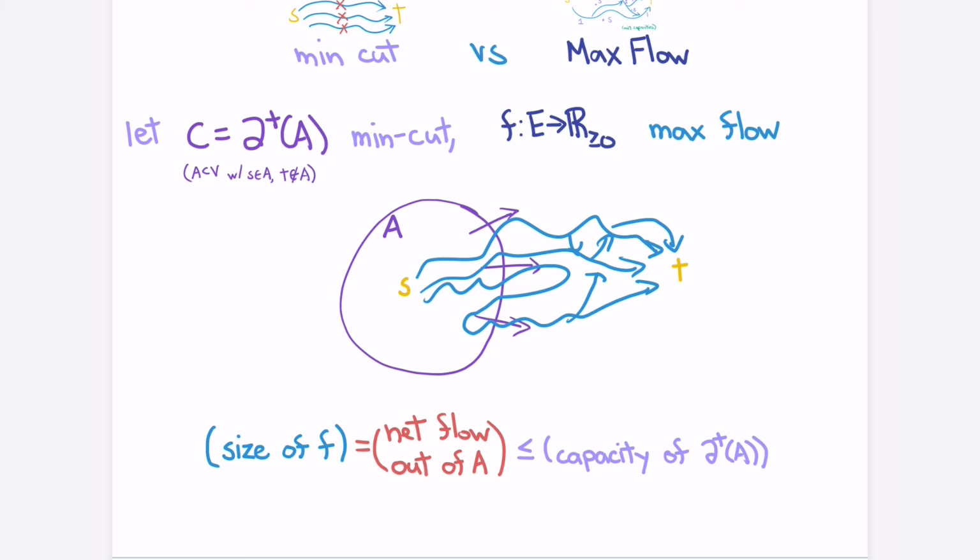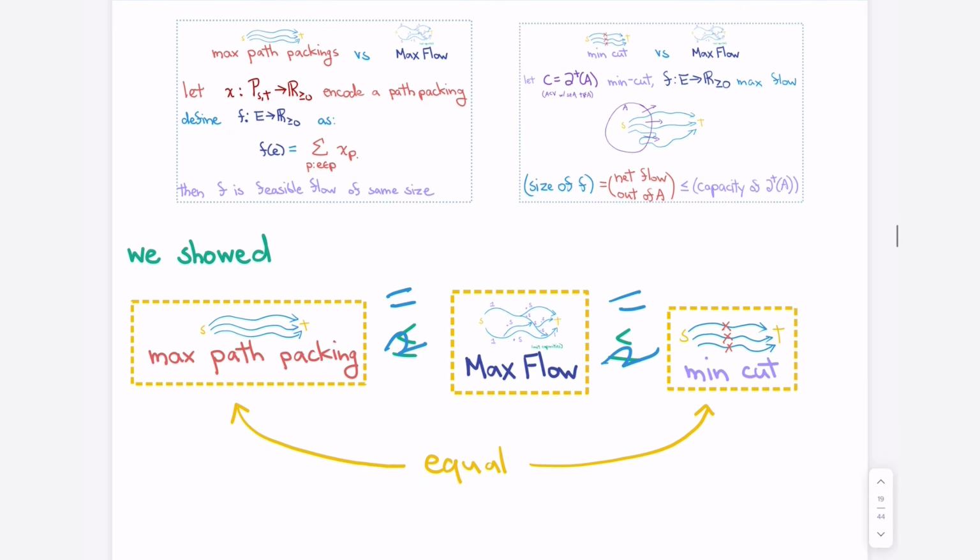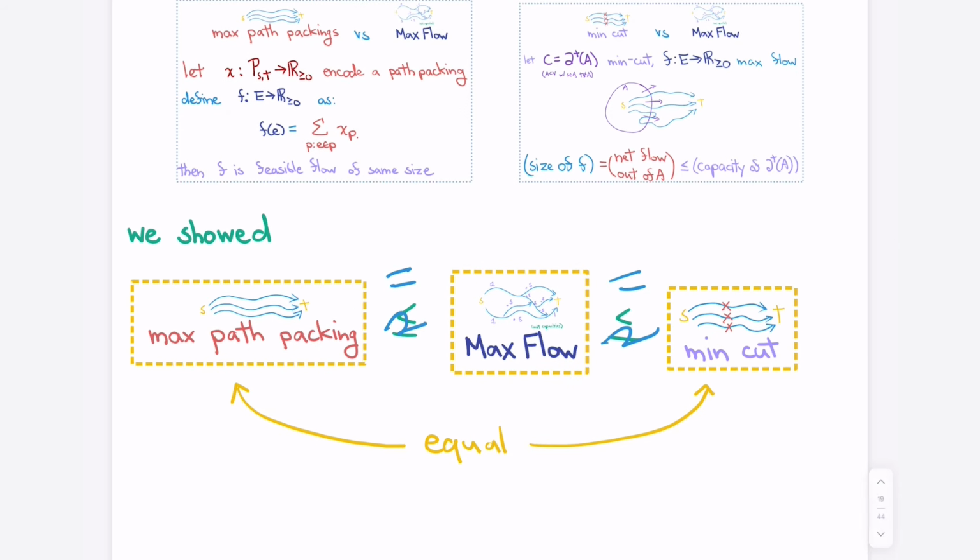Okay, so those two just follow. Not too difficult, just kind of carefully working through some definitions. But if you put that all together, you'll find that max flow is now sandwiched between the path packings and the min cuts that we did a few weeks ago. And so you have equality all the way through. So max flow is actually a linear relaxation of the path packing problem. Okay, but it's still bounded by the minimum cut.